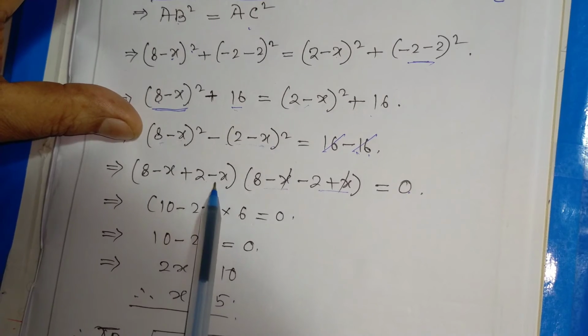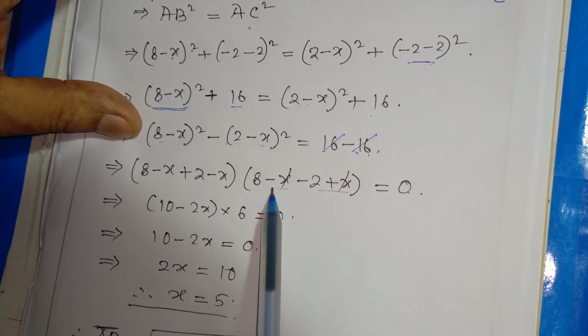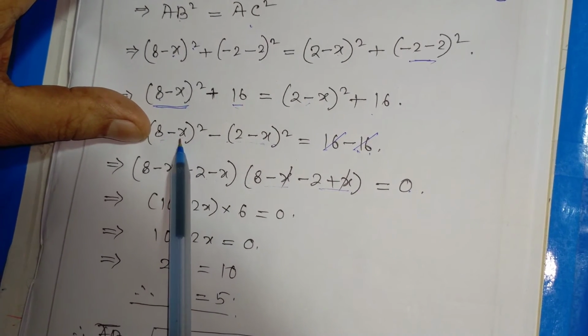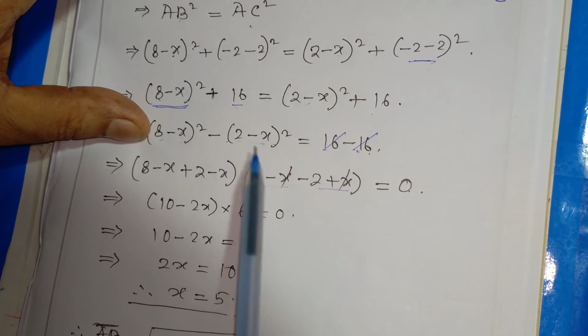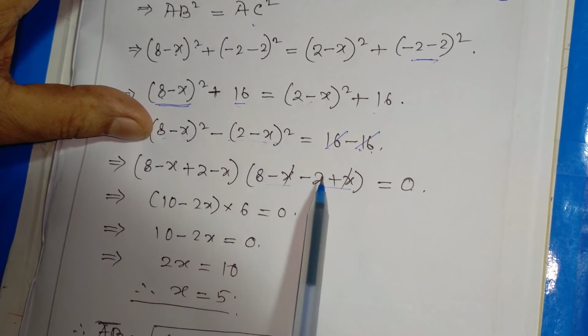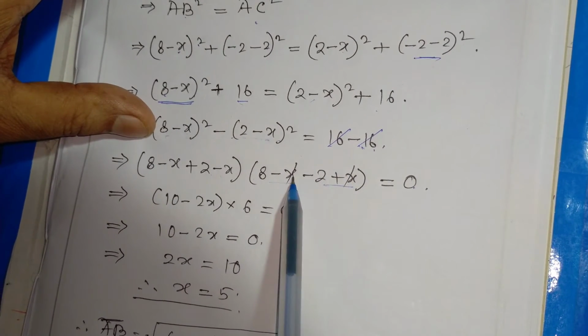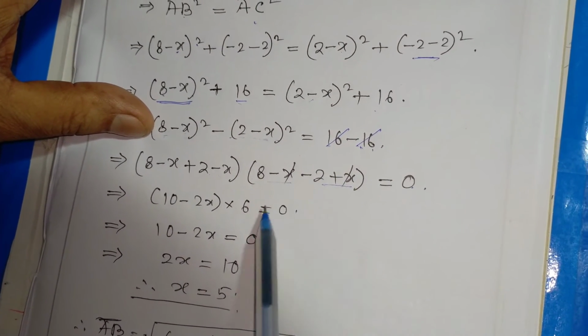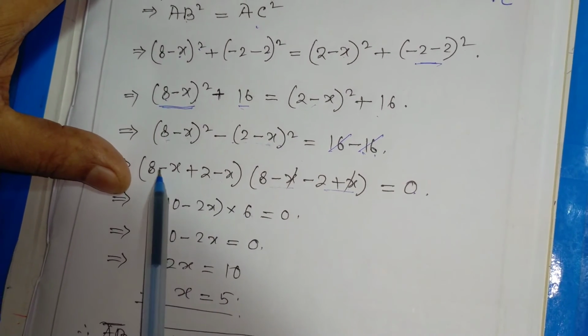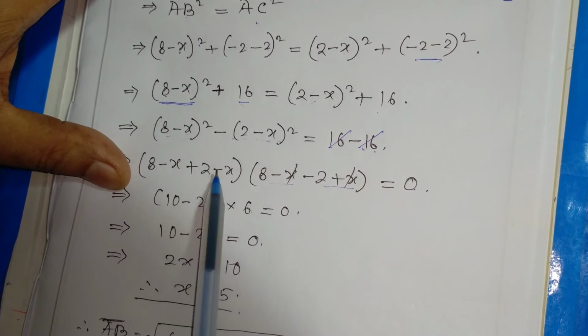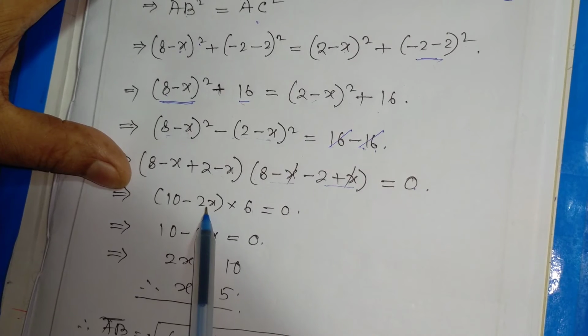When I write a minus b, a means 8 minus x, and when I take minus here, the sign will be changed, minus 2, and minus x will be plus x. I can cancel plus x and minus x. So it becomes 8 minus 2 means 6. And here 8 plus 2 means 10, and minus x means minus 2x.